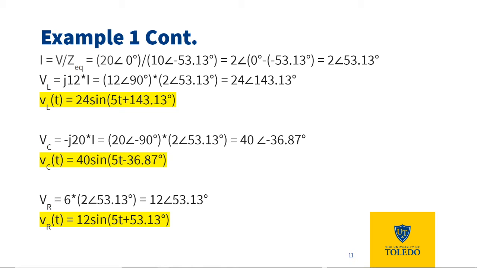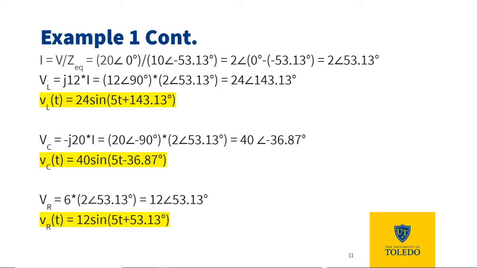V subscript L equals j12 times I, which comes out to 24 angle 143.13 degrees. V subscript L of t comes out to 24 sine of 5t plus 143.13 degrees.